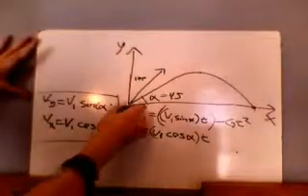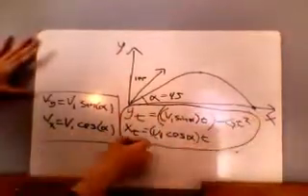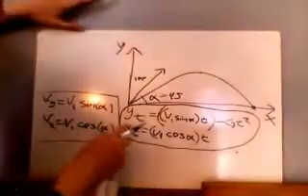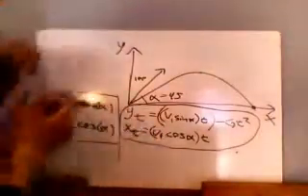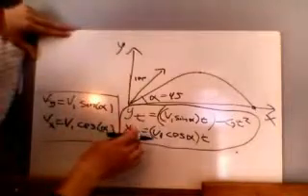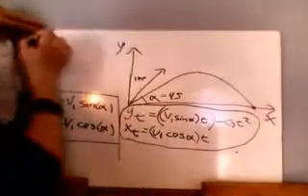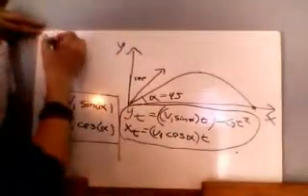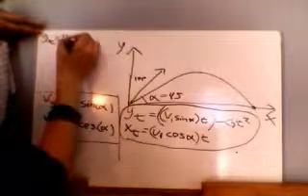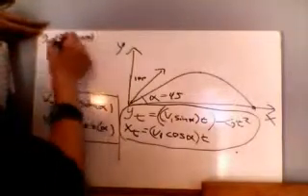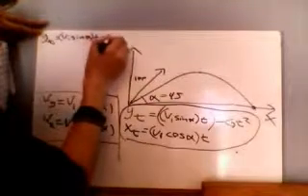Now here is our second set of parametric equations, which we're going to be using very often throughout the rest of this example, or proof, I should say. I'm going to put these up here. So y of t equals vi sine alpha times t minus gt squared.